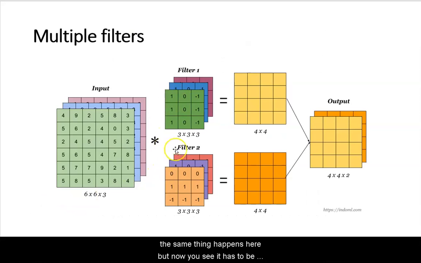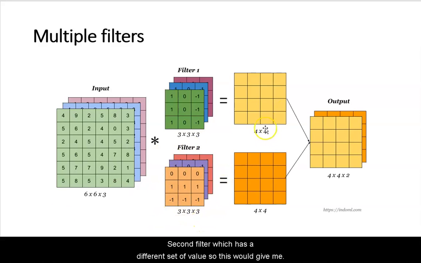The same thing happens here, but now it has to be done with filter 1, which has a set of values, and also with the second filter, which has a different set of values.